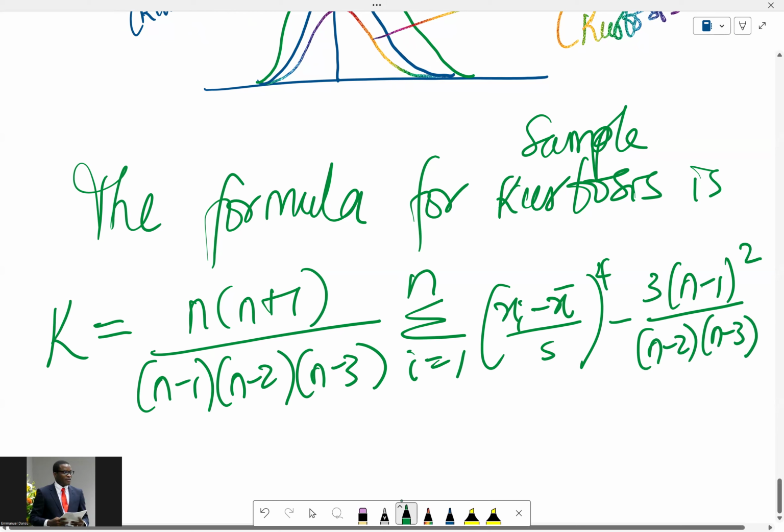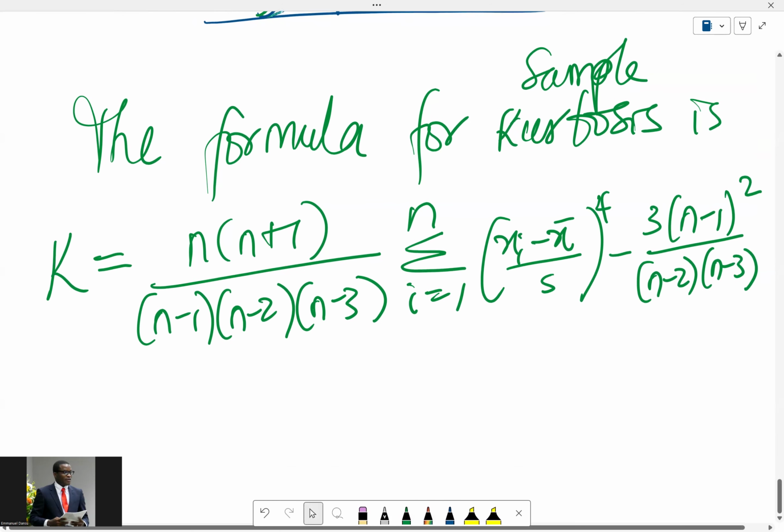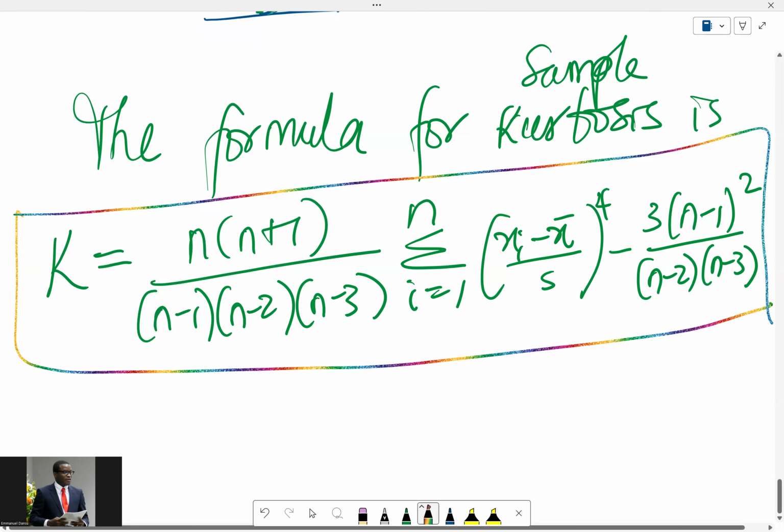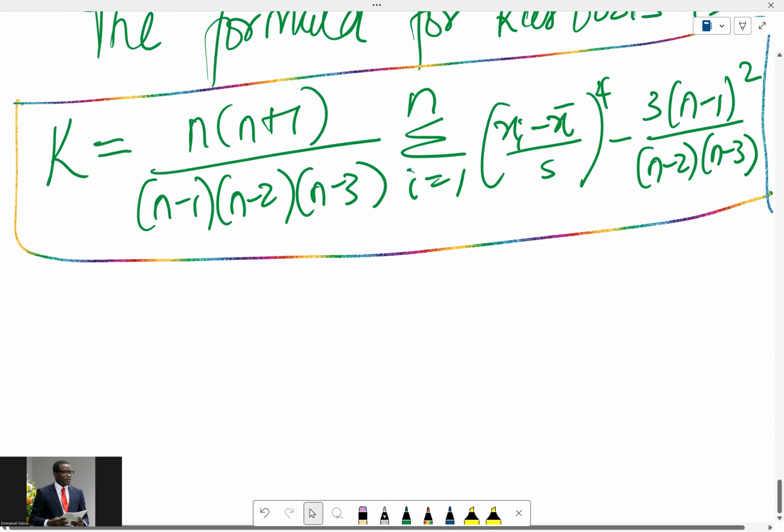So this is the formula for kurtosis. If you ever need to compute the kurtosis for a particular data set, you can use this.